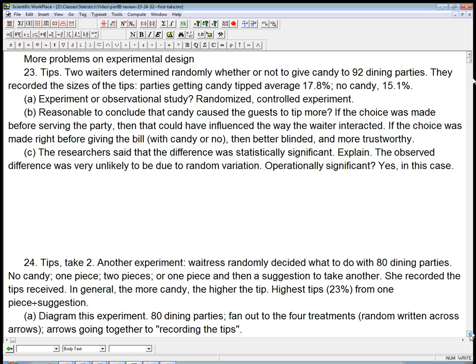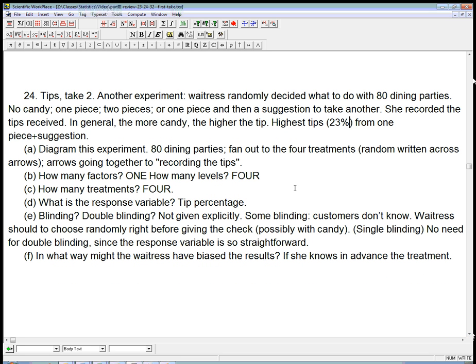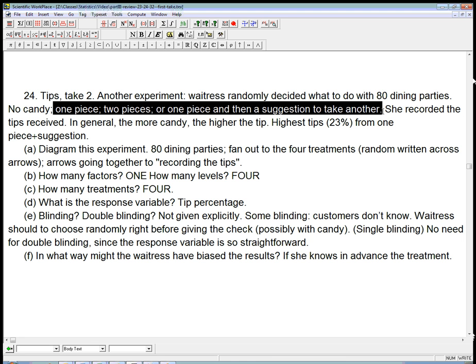So remember, a confounding variable is something that you're changing. Let's look in this case at the waitress. She's got a factor that she changes from one scenario to another, from one treatment to another, and that is supposed to be simply what kind of candy is given. That's supposed to be the only thing that changes between those scenarios, those treatments.